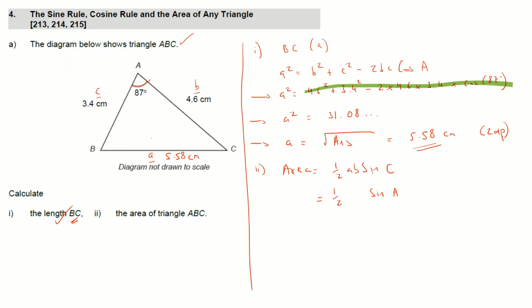I had C here, then A and B here. So if I've got A here, I need B and C here instead. So I just have to do 1/2 times B times C times sine 87 degrees. So 1/2 times 4.6 times 3.4 times sine 87 gives me, well, not a lot actually, 7.81. To 2 decimal places, and remember, it's an area, so it's in cm squared. Job done.